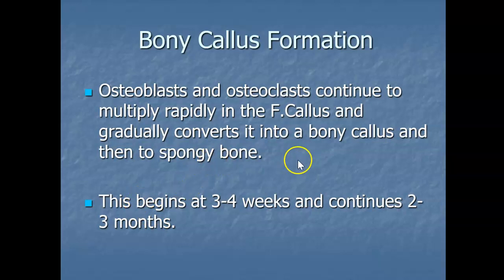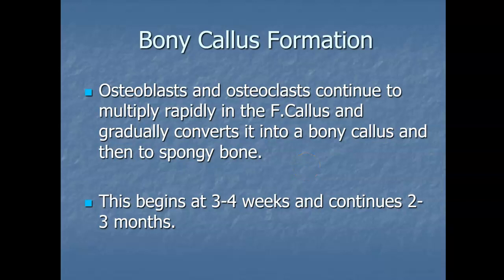The activity of the osteoblasts and osteoclasts and all those fibers are going to start to calcify, and we're going to end up forming some spongy bone. Around those fibers, minerals and salts will start to form, and we'll end up making that trabeculae, or those needle-like projections in the spongy bone, leaving us with more of a bony callus.